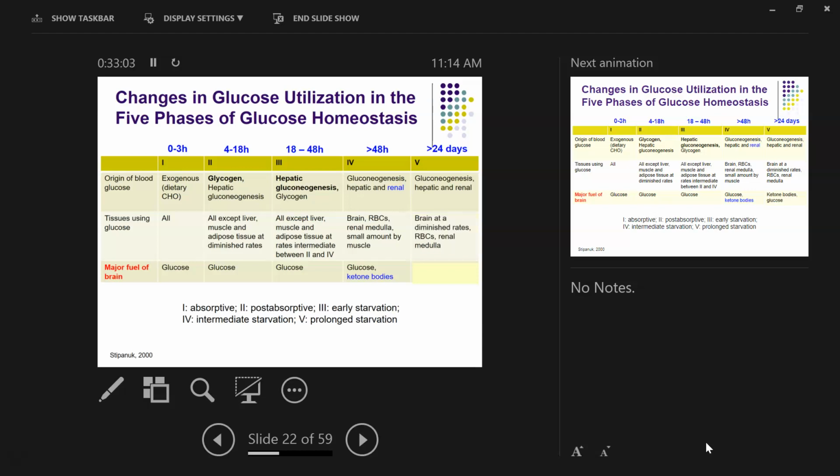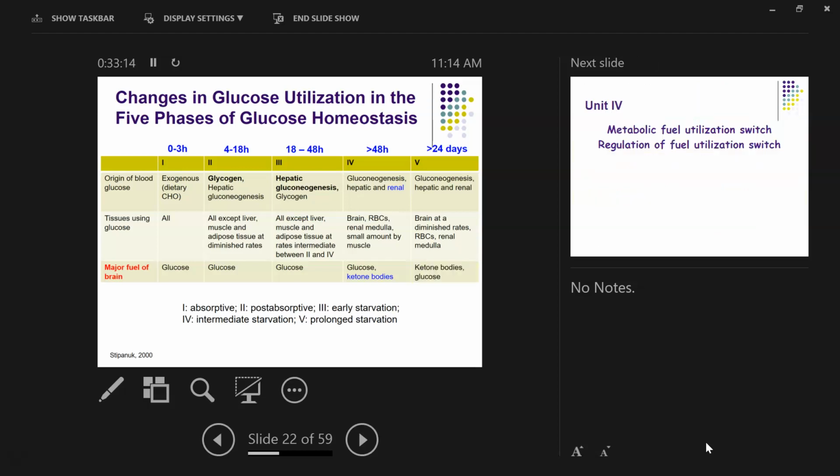And the brain, of course, is a priority tissue to utilize glucose. And ketone bodies now become a more important energy fuel than glucose, right? At that long stage of starvation. Okay.